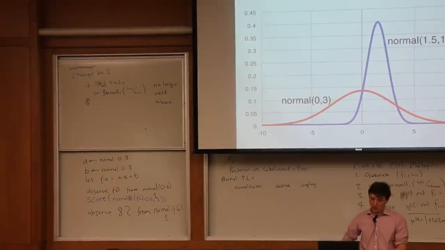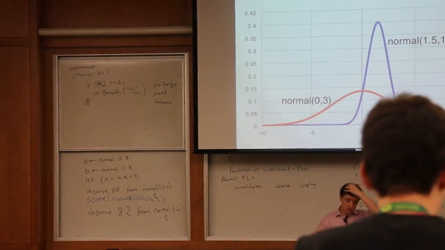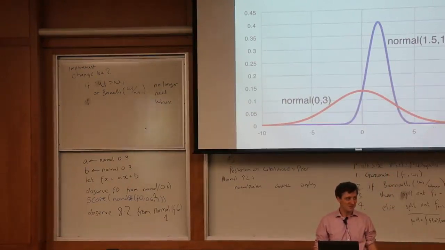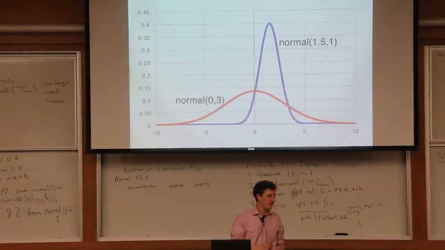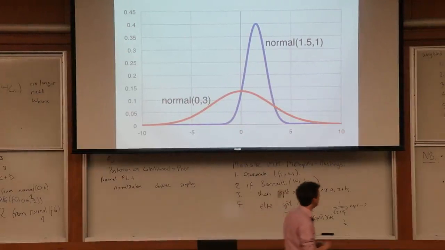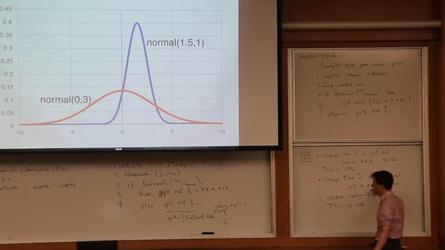Let's continue. We want to talk now about the single site Metropolis-Hastings algorithm for probabilistic programs. You said provided that the Bernoulli flip is independent of A and B. The number of times I spit the same thing out.